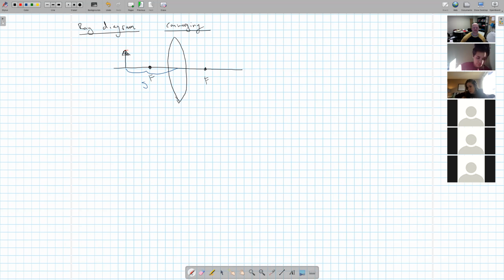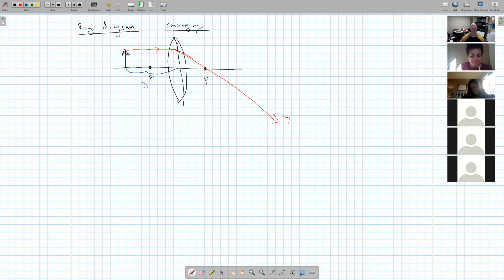Ray number 1 is going to be the ray which goes parallel to the principal axis, hits the center of the lens, and then gets refracted down through the focal point on this side. So this is ray number 1. It goes parallel to the principal axis until it hits the center portion of the lens, and then gets refracted through the focal point.